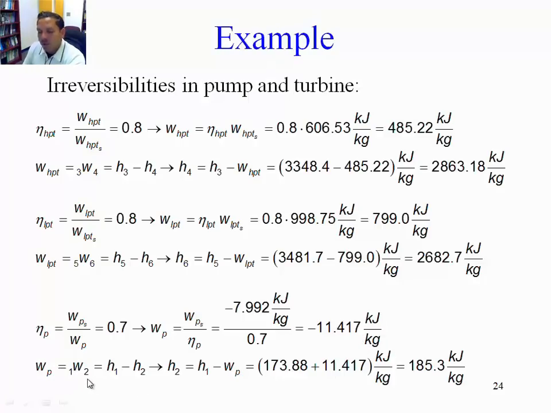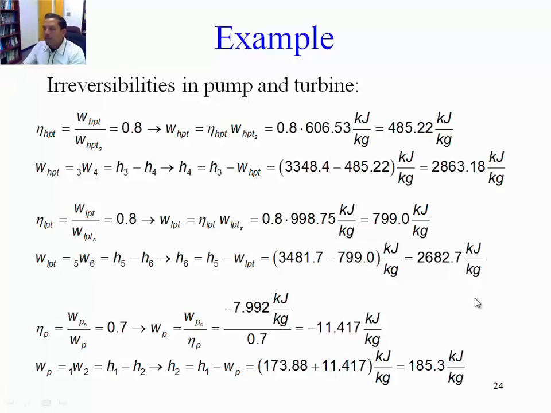So using the first law of thermo, the work from 1 to 2 is equal to minus delta H from 1 to 2. We already found that out. We can solve for H2, and that would be 185.3. It would be H1 minus the work on the pump, which is negative, so minus becomes plus, 185. Remember that in a pump, the entropy of the working fluid increases because we're increasing the pressure.